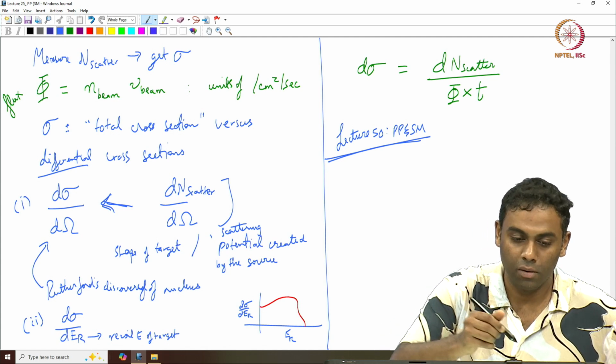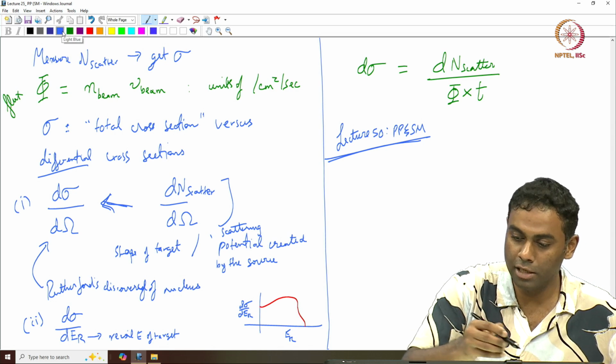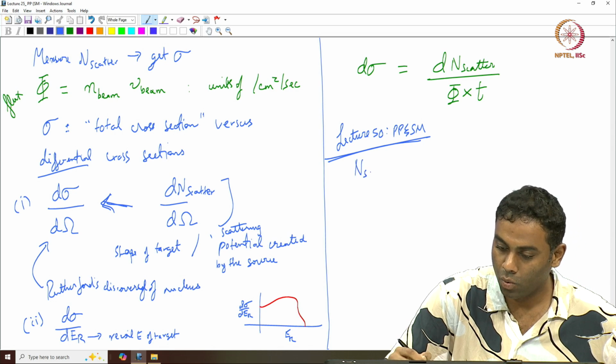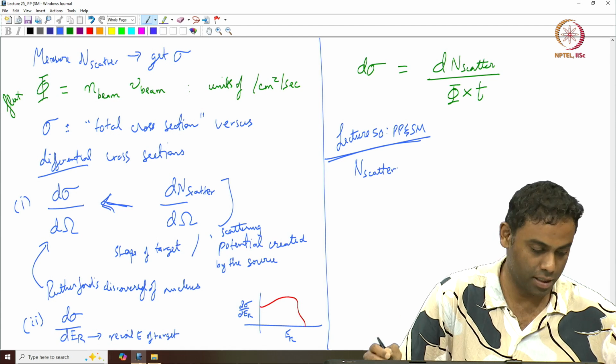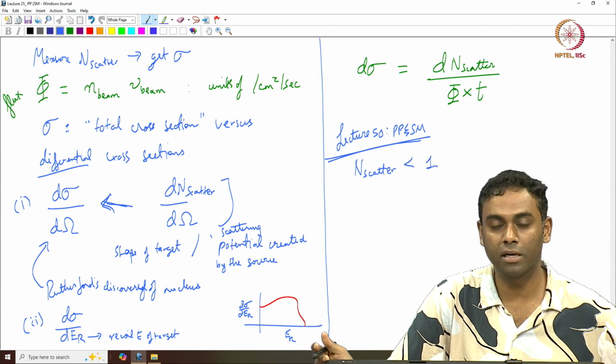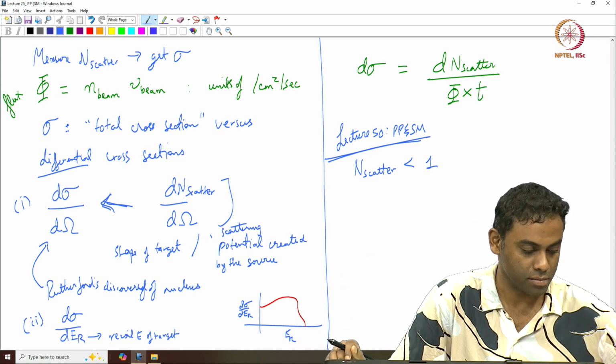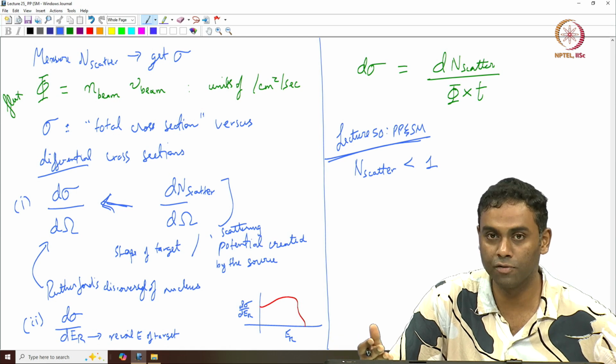Let us first see how to modify the numerator here, okay. In particular the case that we are dealing with is what happens if I expect to have the number of scatters smaller than 1 in that particular situation, okay. This can happen for instance if t is not large enough, right.